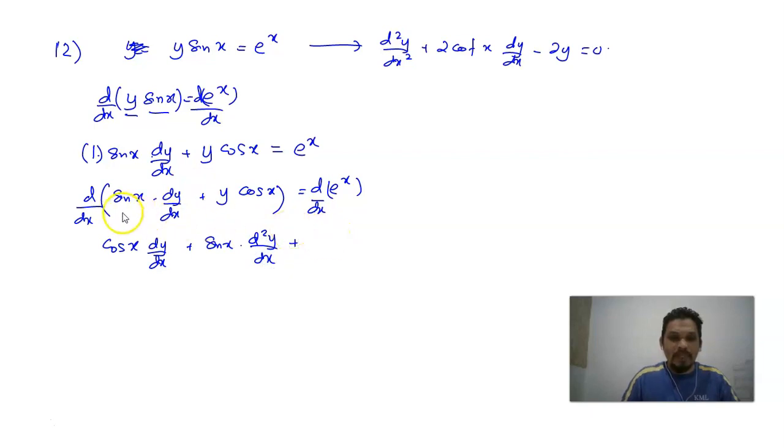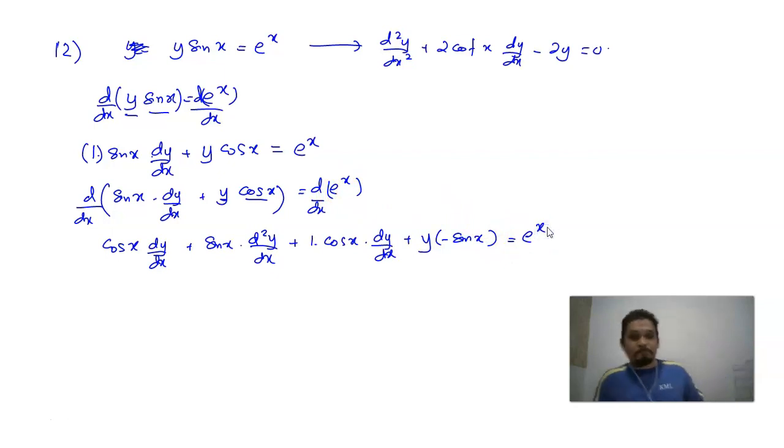Plus, derive the y, equal to 1, times cos x, and because we derive y with respect to x, it comes out with dy/dx. Plus y and derive the cos x, it gives negative sine x, equal to the derivative of e^x, which is e^x. So how are we going to compare this with the target equation?